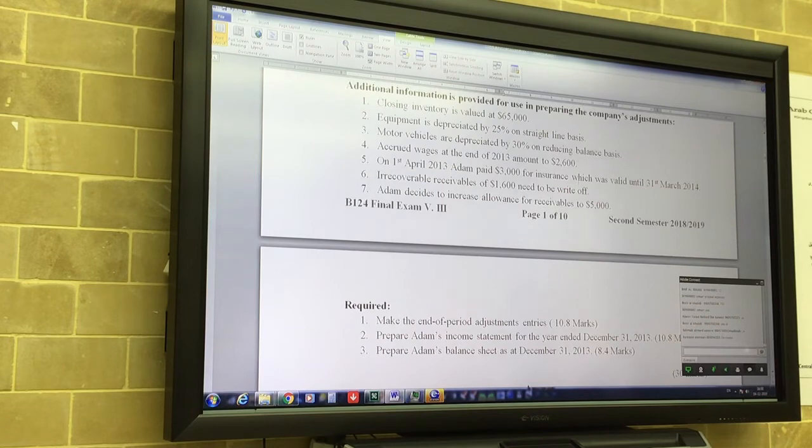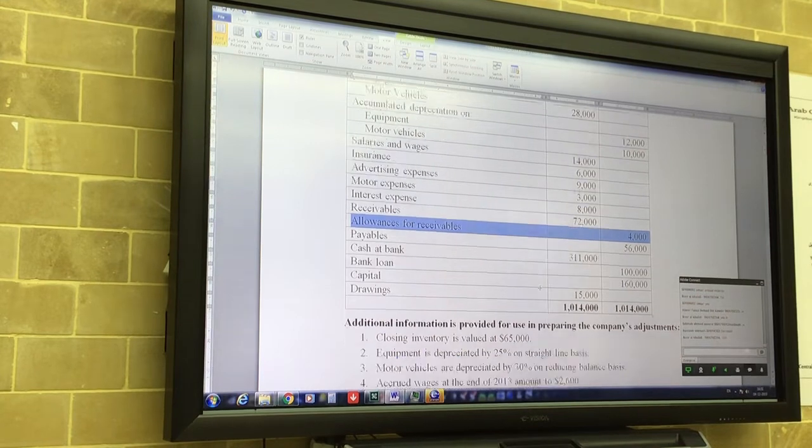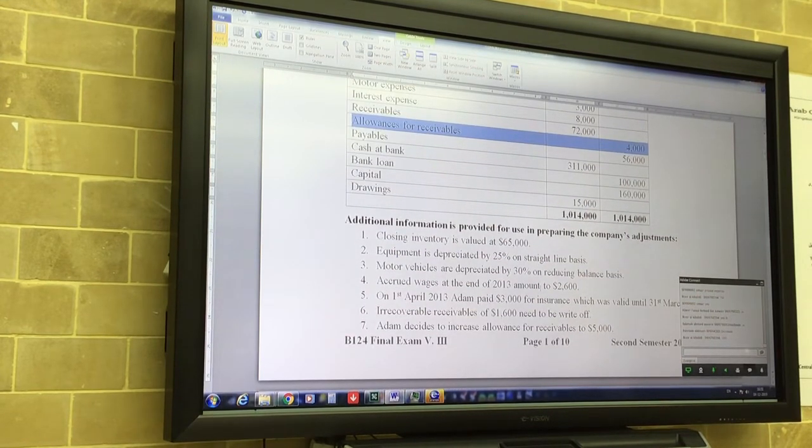So you must go to the real balance. This is the real balance, and you see here the balance for allowance for receivables, how much? 4,000. And he decided to increase to 5,000, not increase by 5,000, increase to 5,000. So the difference will be from 4 to 5, 1,000. So he needs to increase his allowance for receivables by just 1,000.